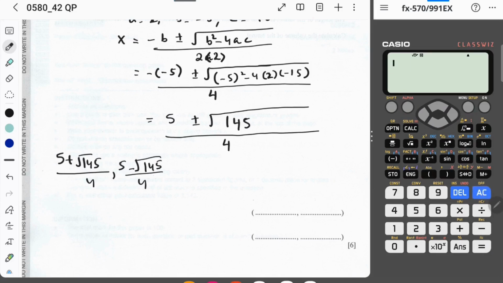Okay, so you'll find 5 plus square root 145 upon 4 equals 4.26, and the other answer is 5 minus square root 145 upon 4.